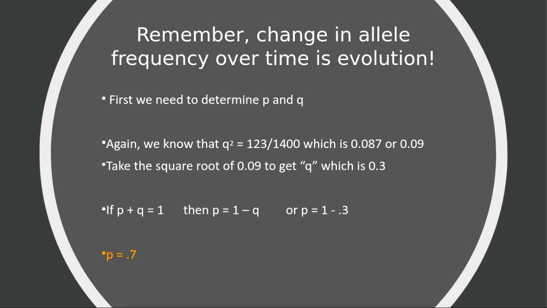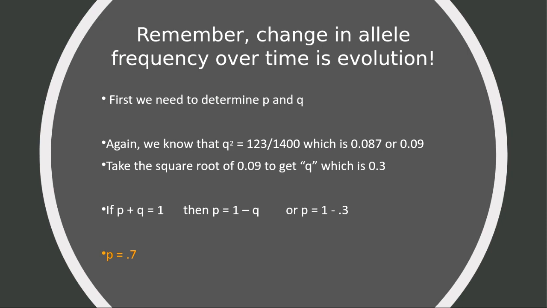So therefore, P equals 1 minus Q, or P equals 1 minus 0.3. So therefore, P must equal 0.7. P plus Q equals 1. So 0.7 plus 0.3 does indeed equal 1.